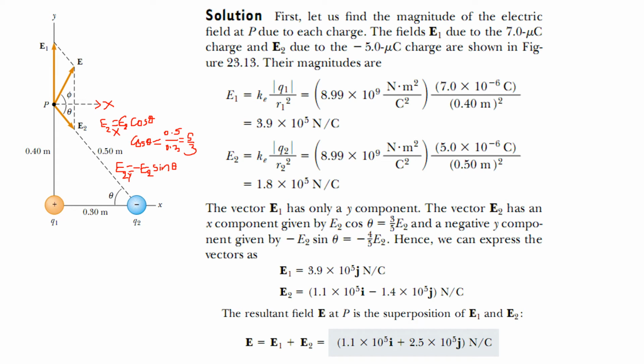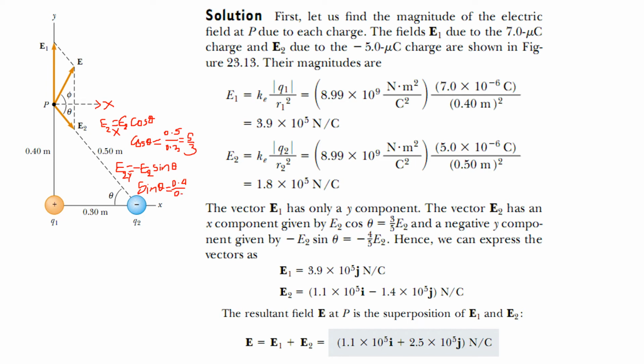And the sine of the angle theta may be calculated from this triangle Q1, Q2, P. Sine theta is equal to the opposite side divided by the hypotenuse. The opposite side is 0.4 meters divided by the hypotenuse 0.5.